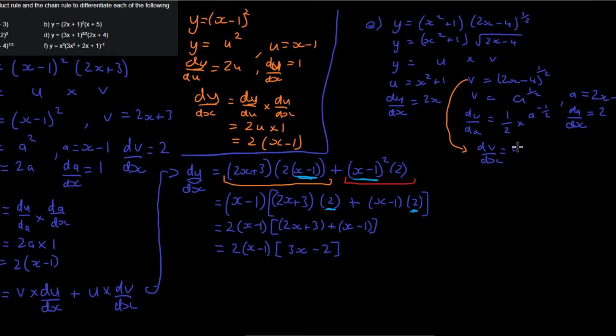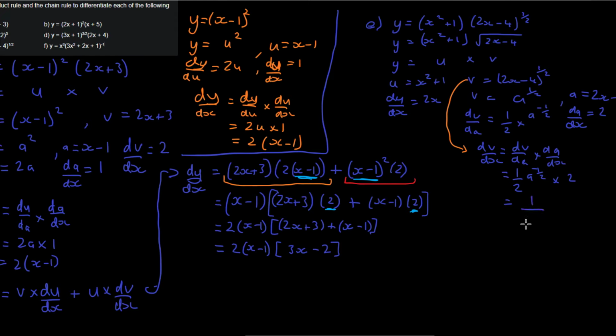So dv dx is equal to dv da times da dx. Let's sub in. We've got a half a to the negative a half times 2. Well, a half times 2, that cancels out quite nicely. a to the power of negative a half.